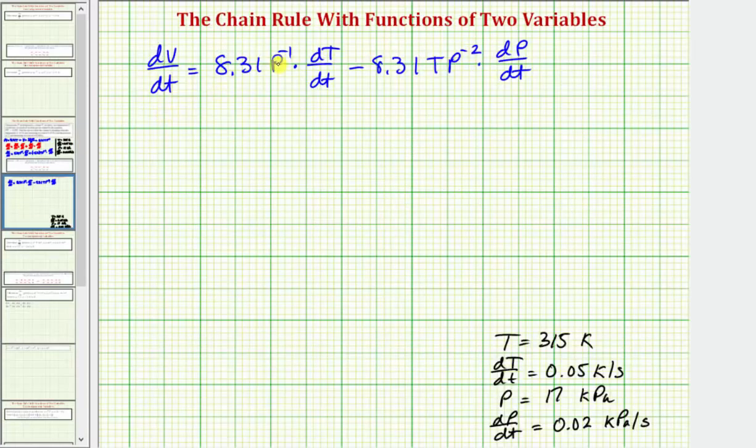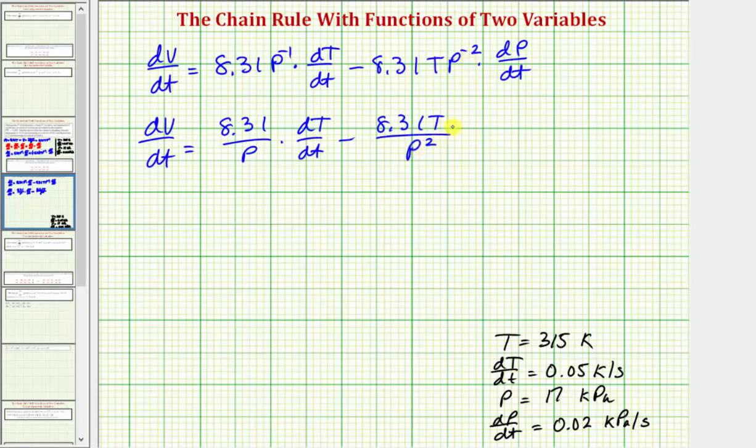Before we perform substitution, let's rewrite these negative exponents as positive exponents. So we'd have dV/dt equals 8.31 divided by P to the first, or just P, times dT/dt, minus 8.31 T divided by P squared times dP/dt. And now we'll substitute the given values in for T, dT/dt, P, and dP/dt.